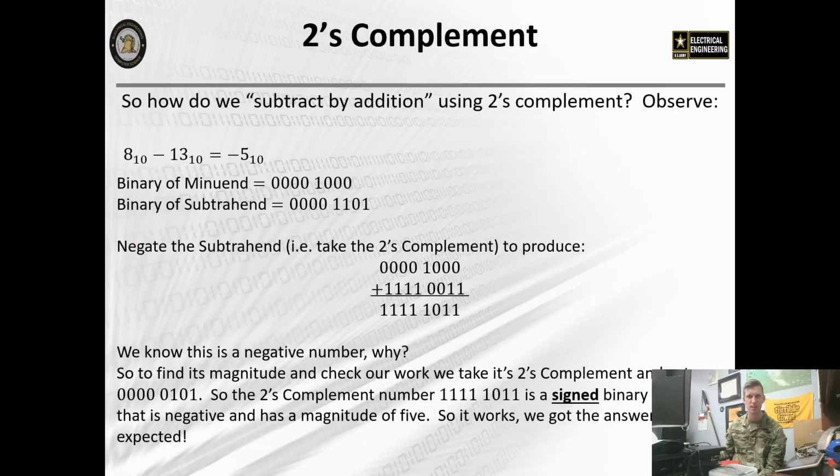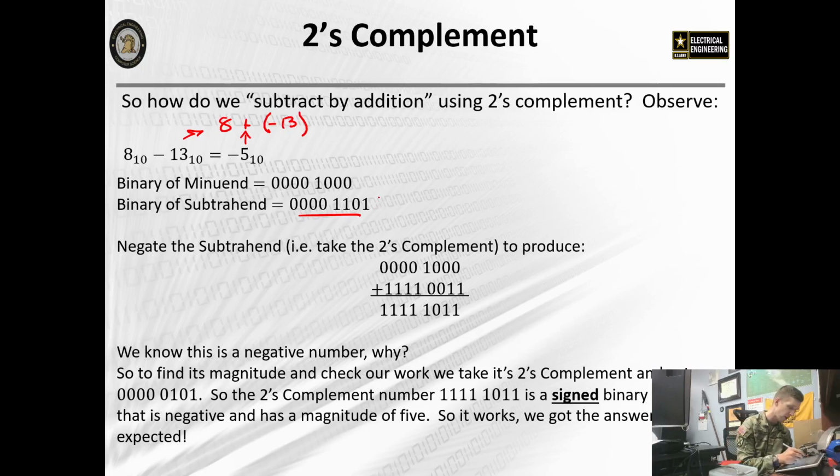What we can do now is, instead of thinking of this as 8 minus 13, pretend it's 8 plus -13, which is mathematically the same. Now that I can represent negative numbers, I just make 13 negative, and then I don't need to subtract at all. I can just perform addition to complete this operation.